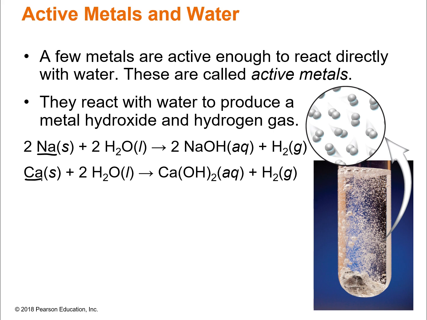They will directly interact with water and replace the hydrogen. You don't need to know how to label, oh, this is an active metal plus water, or this is an aqueous acid displacement. Just know that it is a single replacement. And there are a few different flavors of single replacement.